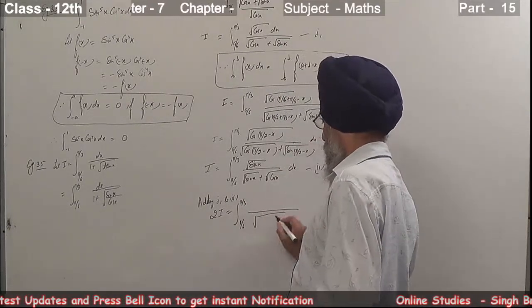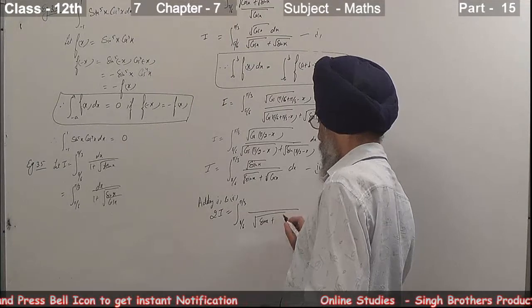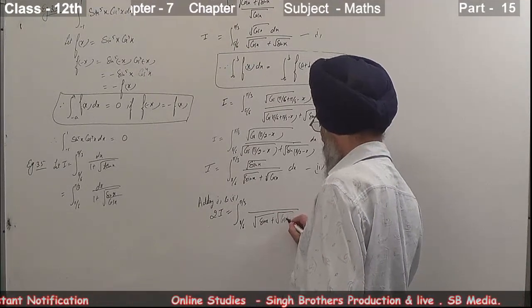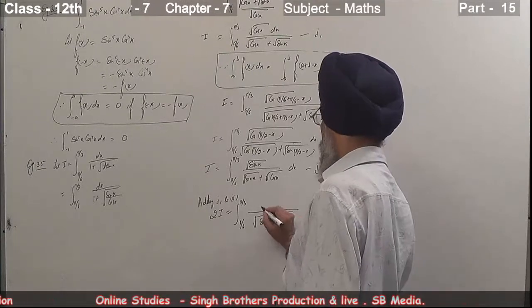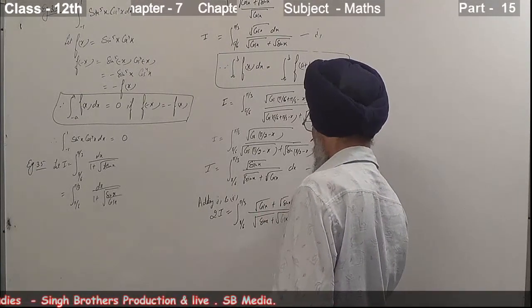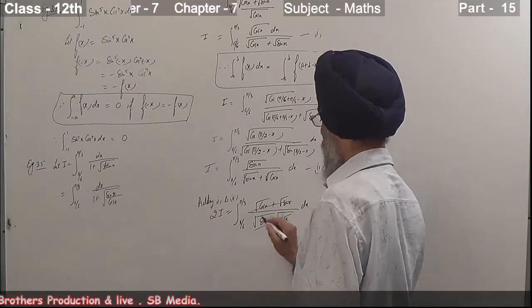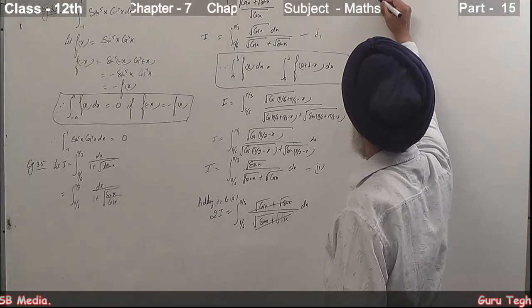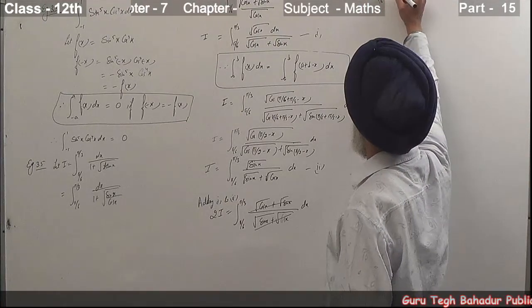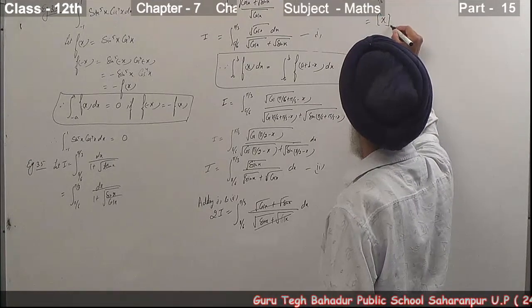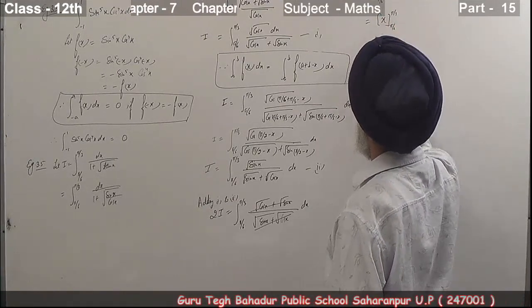The denominator is square root of sin x plus square root of cos x, which cancels with the numerator, so 2I is equal to the integral from pi by 6 to pi by 3 of 1 into dx, which is x from pi by 6 to pi by 3.